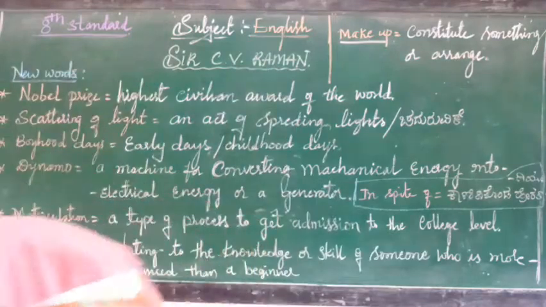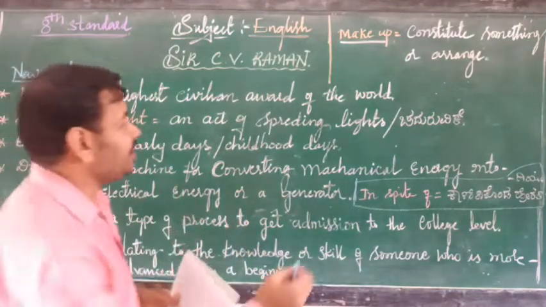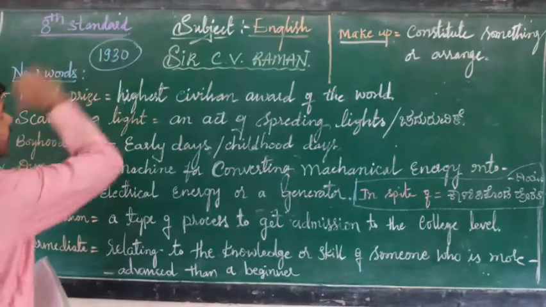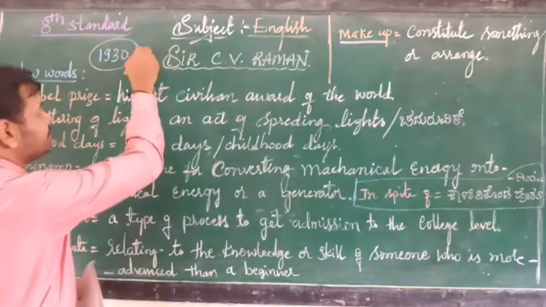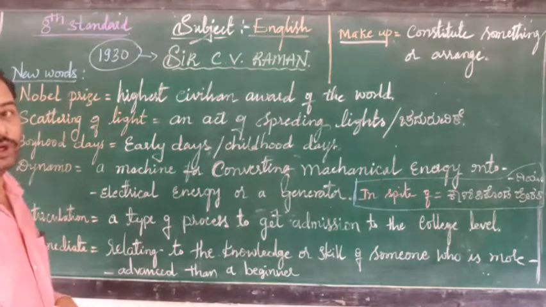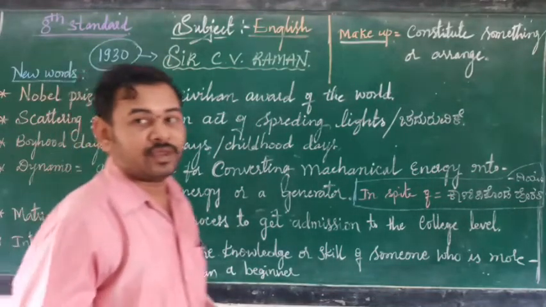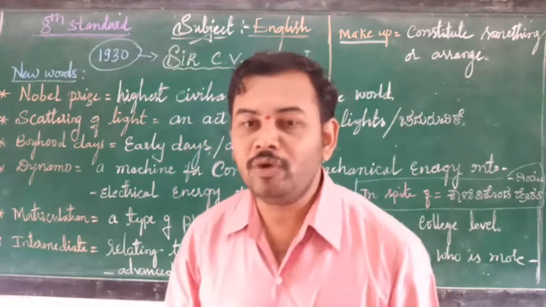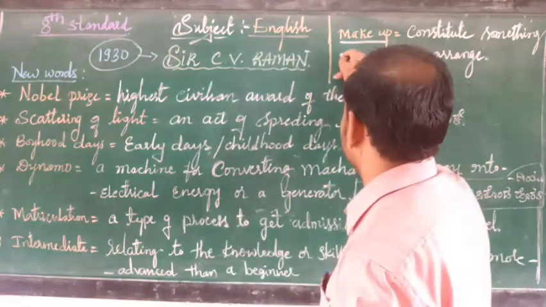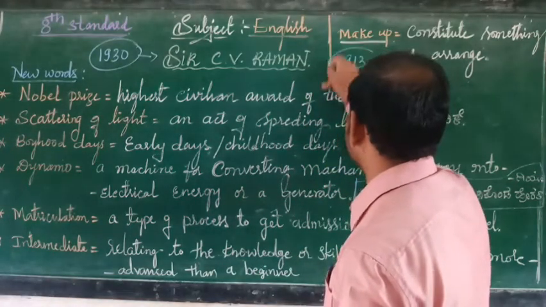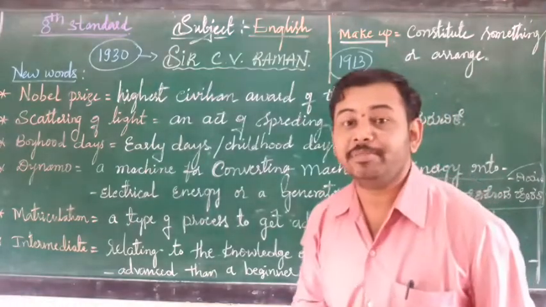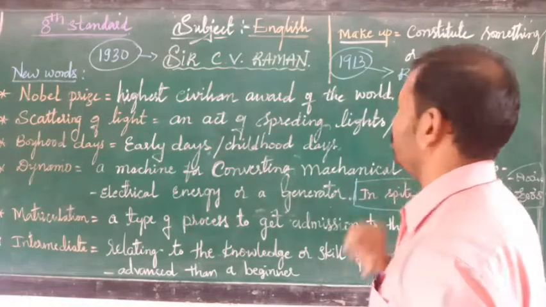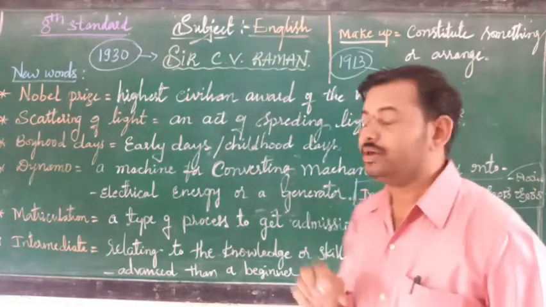So when was he awarded the Nobel Prize? My dear student, he was awarded the Nobel Prize in the year 1930. In the year 1930, Sir C V Raman was awarded the Nobel Prize. Whereas, as I told earlier, Rabindranath Tagore got the Nobel Prize in 1913, for his work Gitanjali.